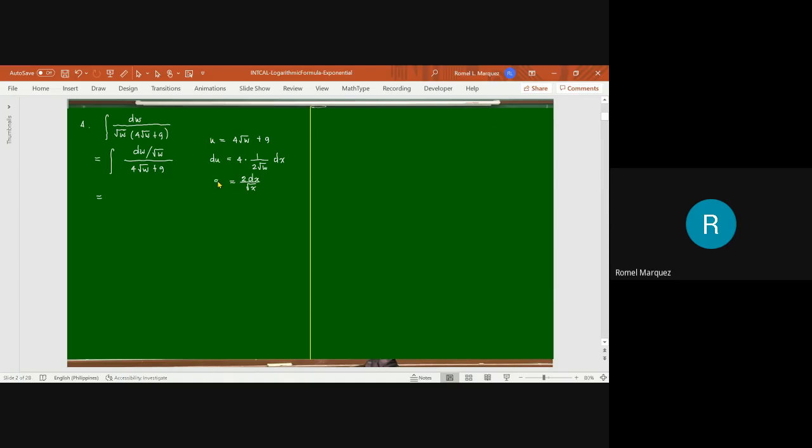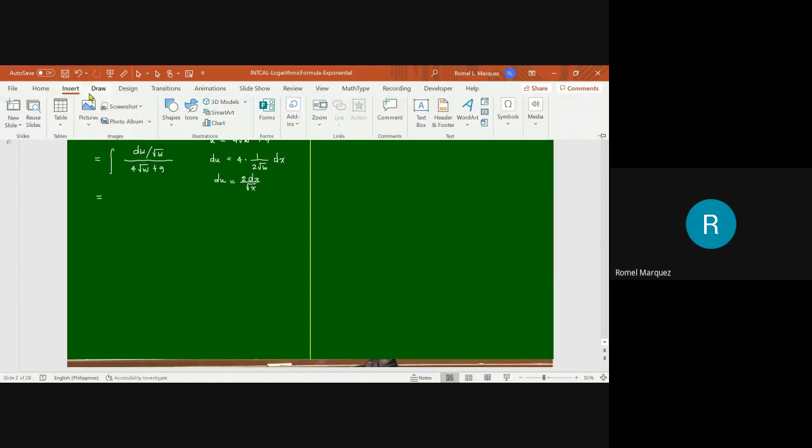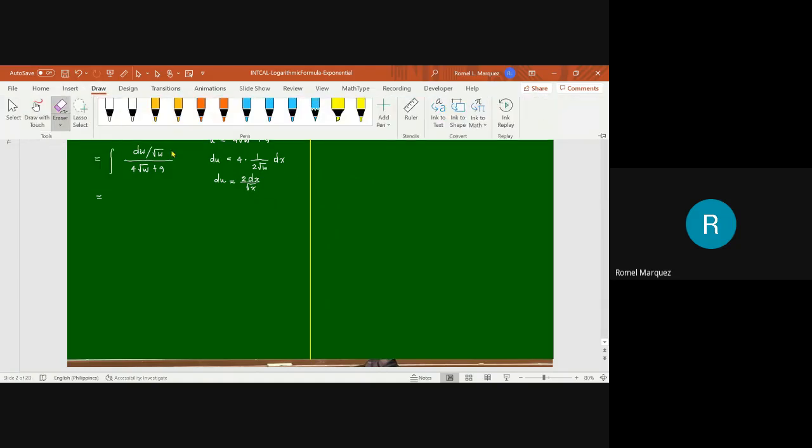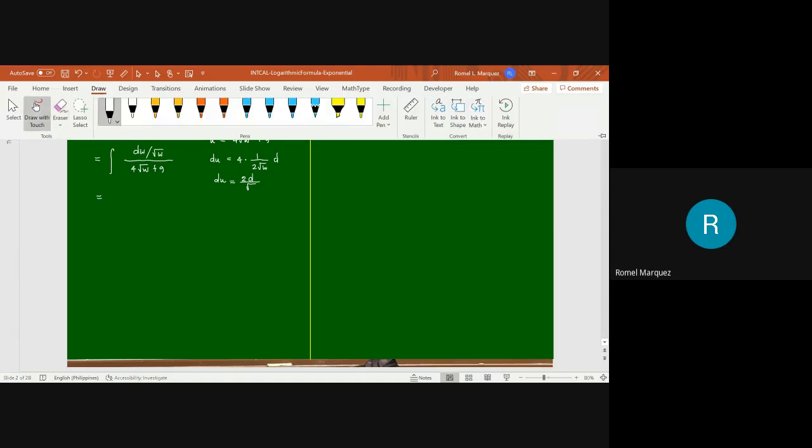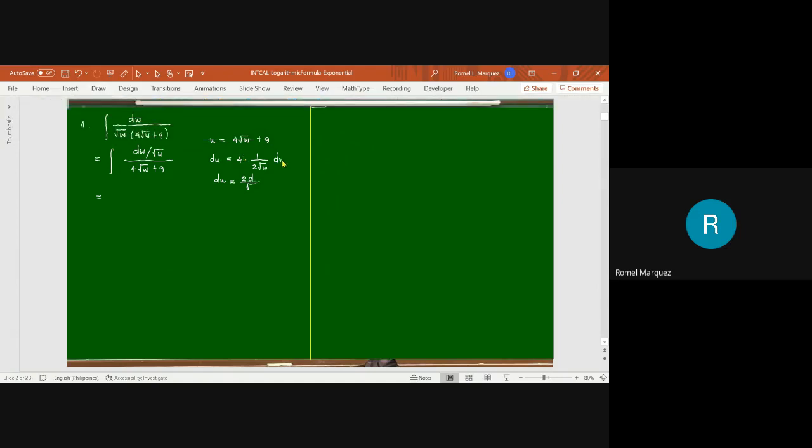You can apply u substitution if you want. If you apply u substitution, for instance, here, we can solve for dw over, sorry, this is w, no? You're not correcting what I am writing. W. Because, you know, x is common.